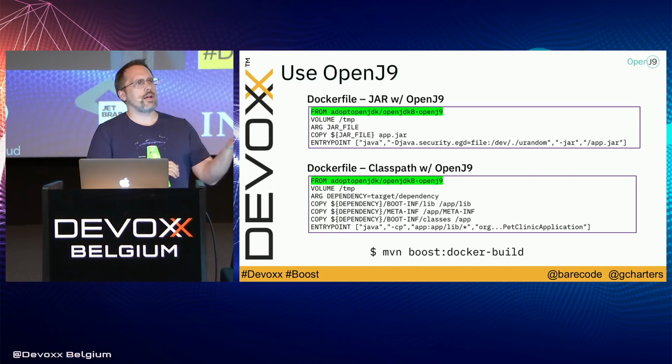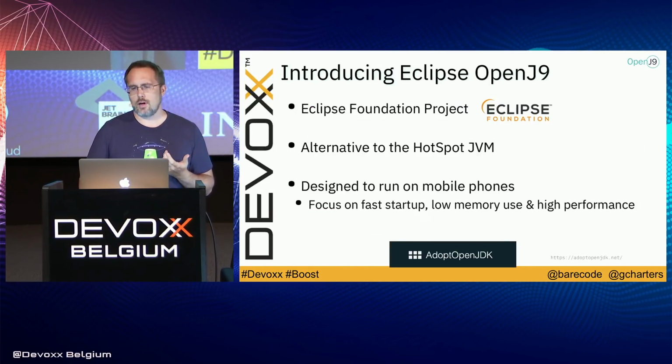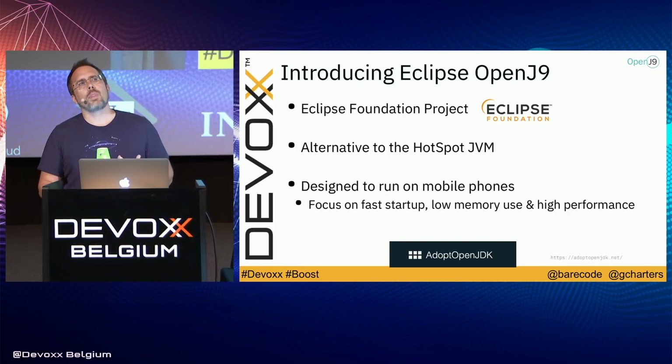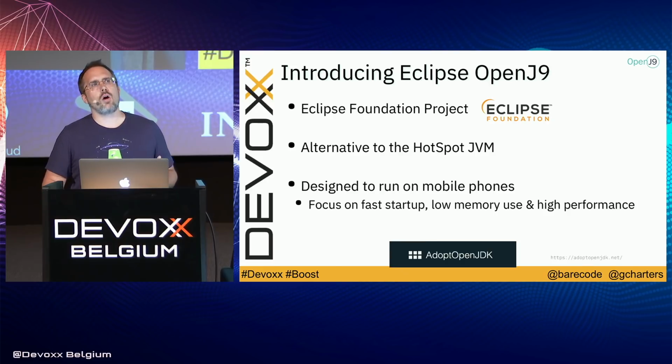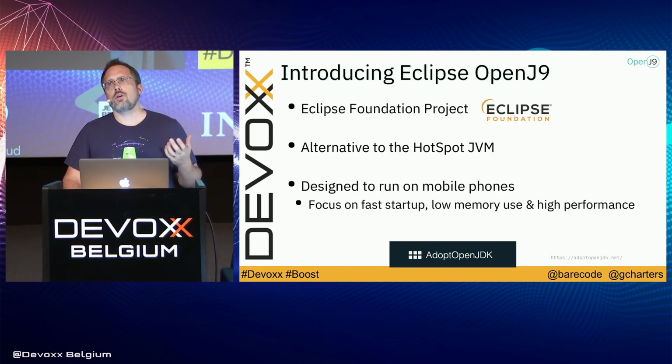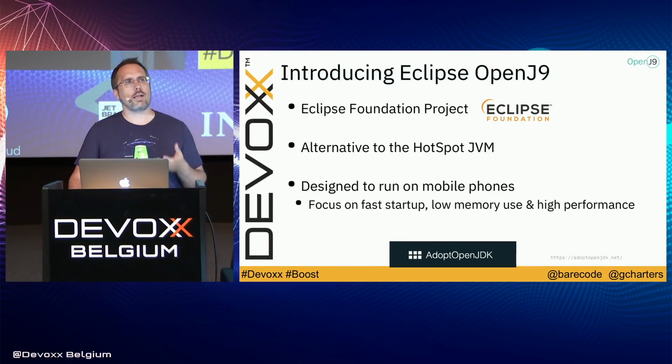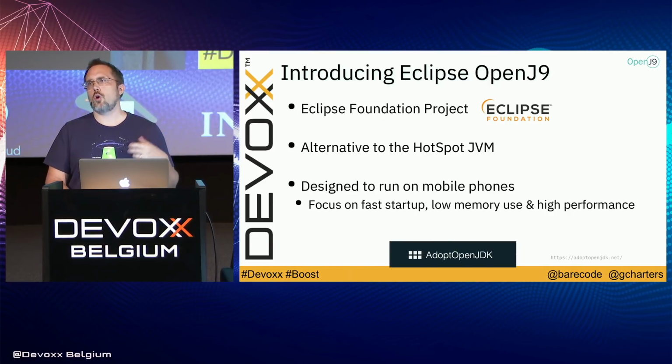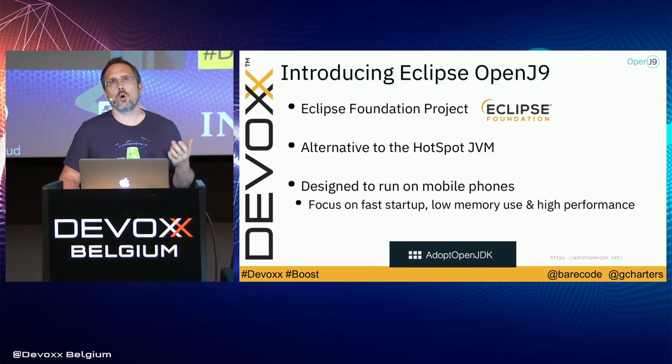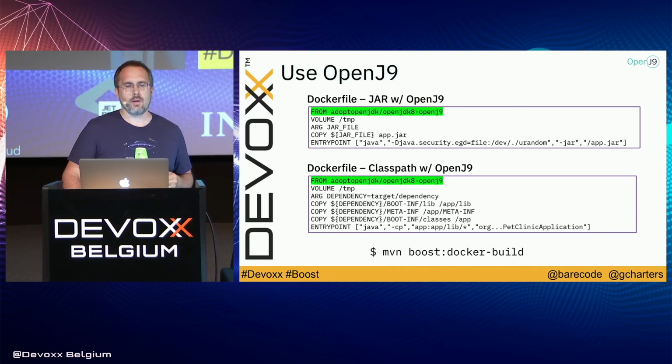Just to go back one minute and introduce that, Adopt OpenJDK is a community-driven project. They are doing freely available open builds of both OpenJDK with HotSpot and OpenJDK with OpenJ9. You can go to adoptopenjdk.net and start downloading and playing with your favorite VM.